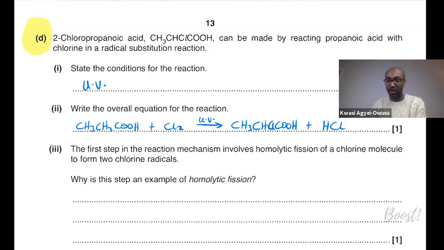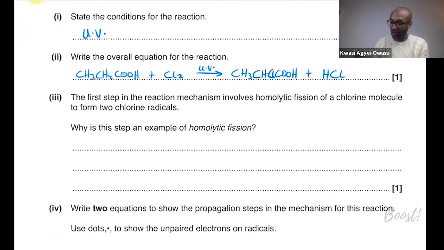So the overall equation sees a chlorine radical reacting with your propanoic acid, and it forms your HCl and eventually your 2-chloropropanoic acid. The first step in the reaction mechanism involves homolytic fission of the chlorine molecule to form 2 chlorine radicals. Why is this step an example of homolytic fission?